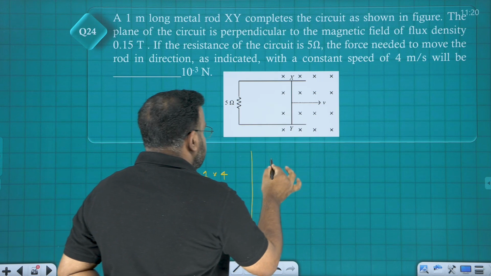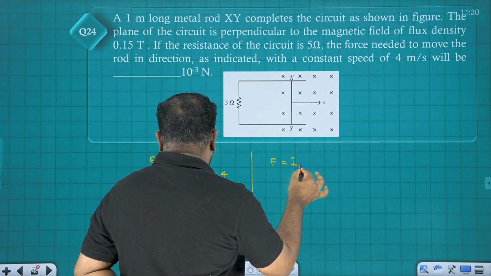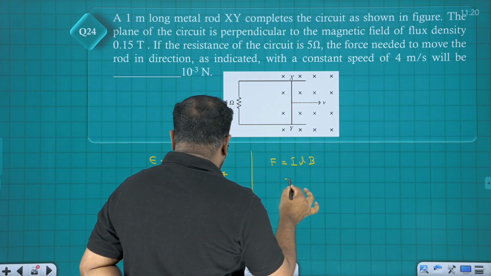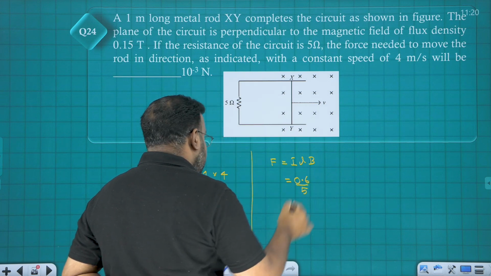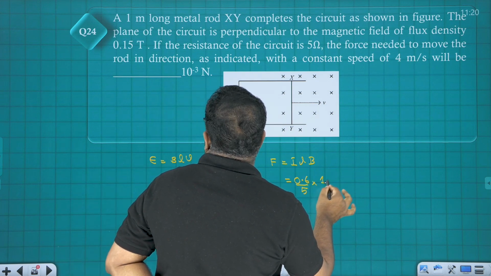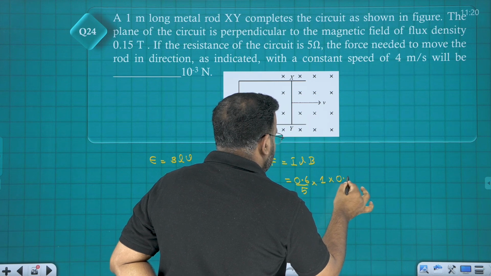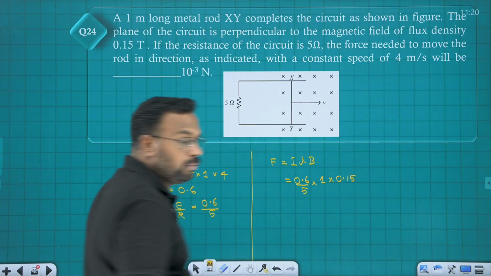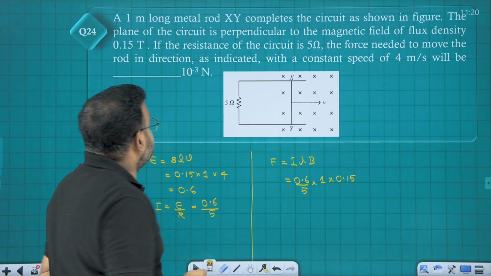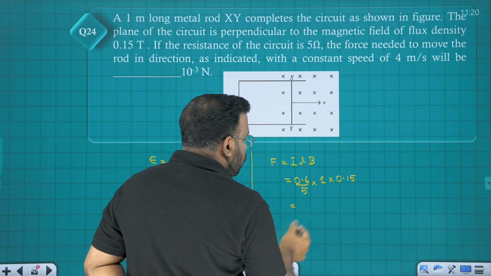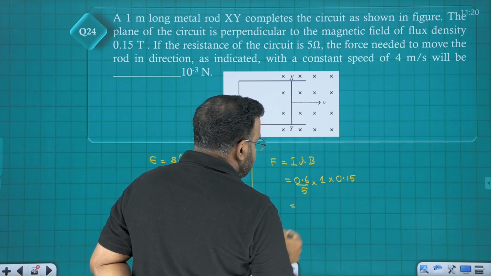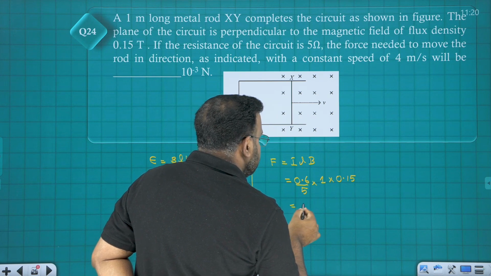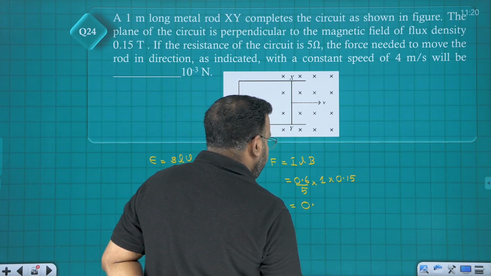Now we need to find force. F is equal to IL into B. So I is 0.6 divided by 5. Length is again 1 meter. Magnetic field is 0.15. So 0.15 by 5 will become 0.3.